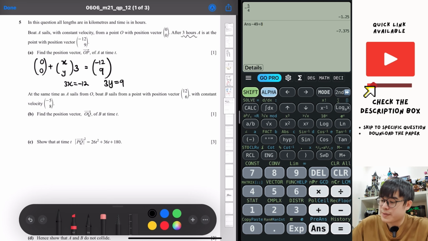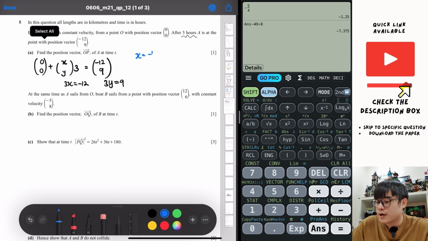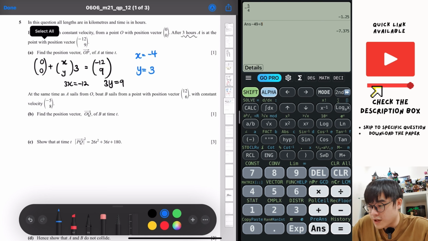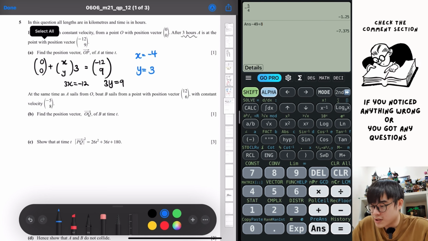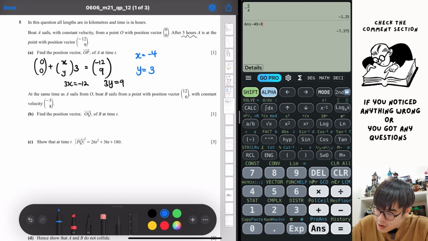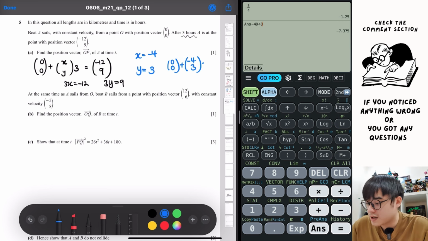So when you run the respective calculation, you will get your x as negative 4, as well as your y equals 3. So with this, you're able to construct the position vector OP of A at time t. So the answer should be 0, 0 with negative 4, 3 pairing with a t there. That's how you get to your answers.